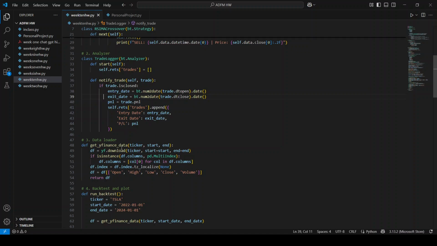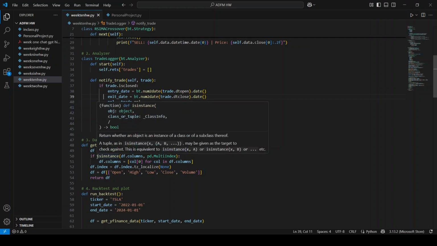Now line 48, the def get_yfinance will download stock data for a ticker in the date range. Line 50 is used if the columns are nested tuples, and if so, it will flatten them out.